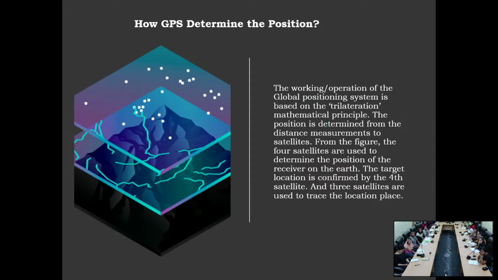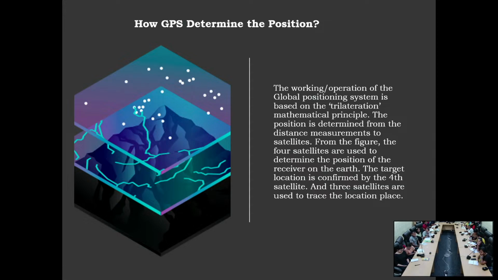From the figure, 4 satellites are used to determine the position of the receiver on the earth. The target location is confirmed by the fourth satellite, and 3 satellites are used to trace the location.